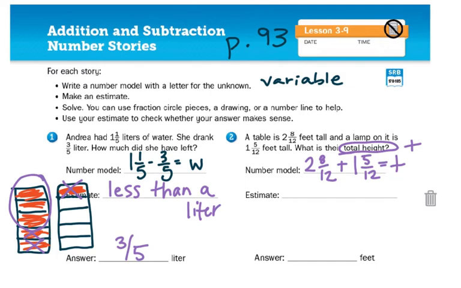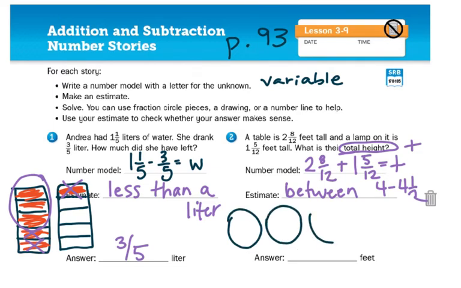1 whole. So I'm going to say between 4 and probably 4.5. I'm going to draw circles to represent. So if the table's 2 8/12, not very equal, sorry about that.